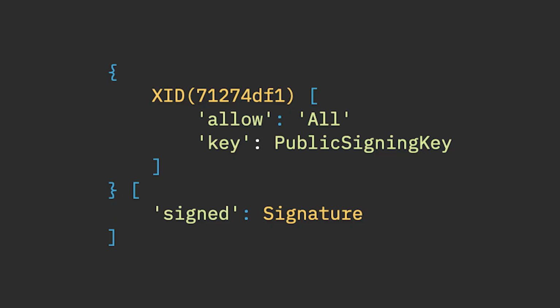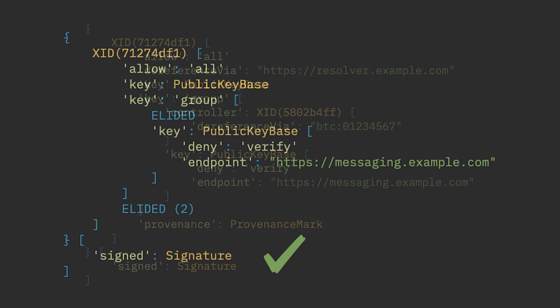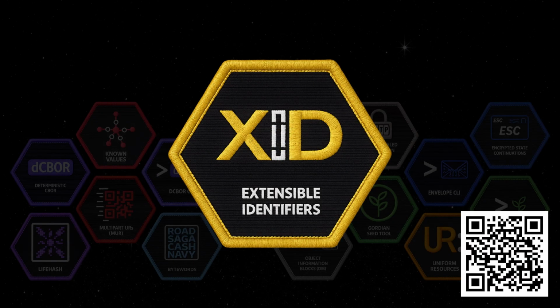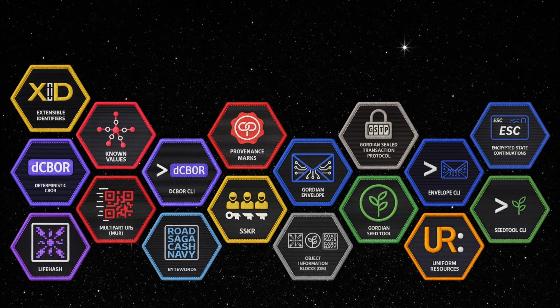A XID resolves to a XID document, a Gordian envelope that lists current keys, permissions, endpoints, and delegation relationships. You can rotate keys without changing the XID. And because the document is an envelope, you can redact parts of it while preserving cryptographic verification. Multi-key, multi-party control structures are planned, but basic XID documents have already been adopted by commercial developers.